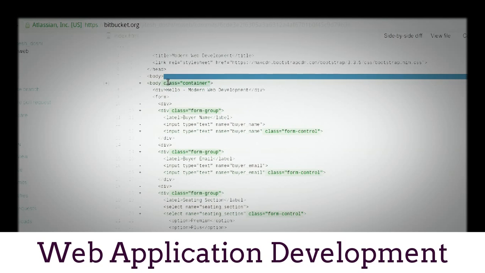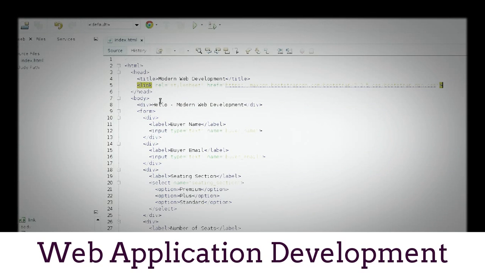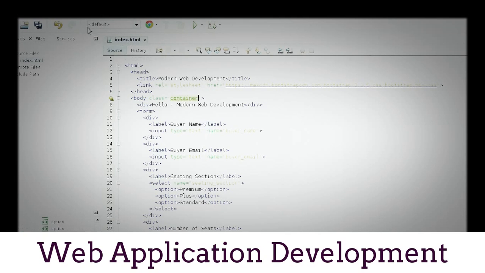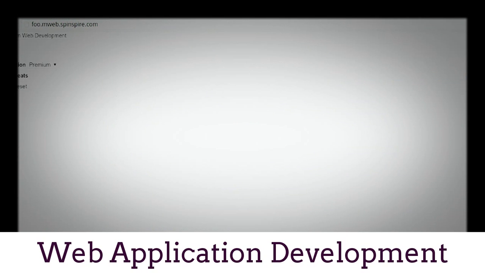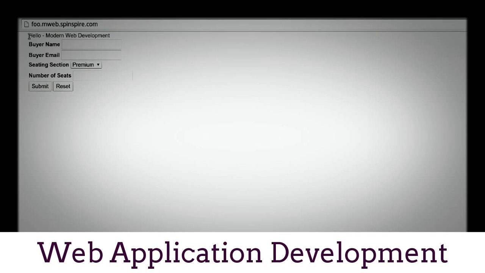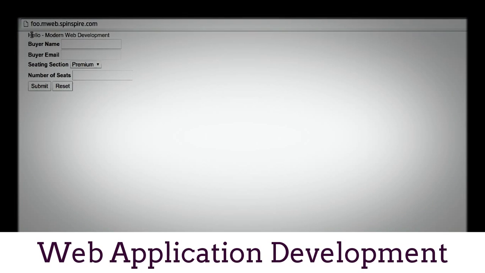So let's do that. I go back in here at body, I say class container. I save it, and as soon as I save that and refresh, you can see that because I gave class container, the content is now centered and a little bit offset on the left. So that's good.